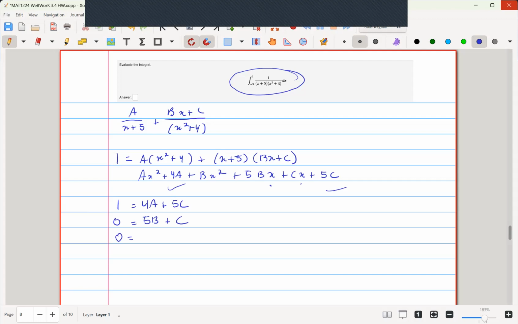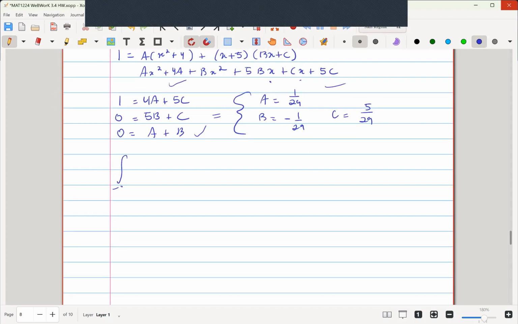And 0 for our x squared, which is just A plus B. And then solving this system of equations is going to yield us the solution of A equal to 1 over 29, B equal to negative 1 over 29. Makes sense. Then C is equal to 5 over 29.